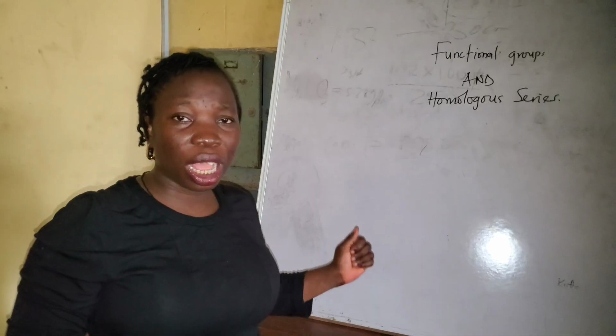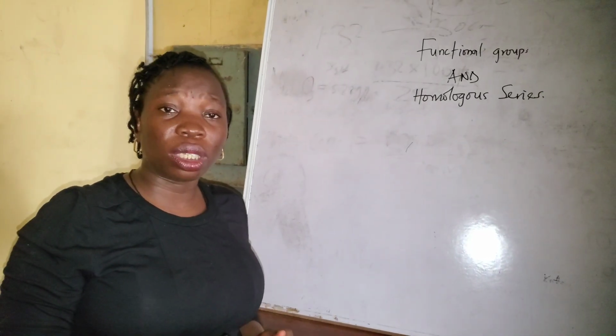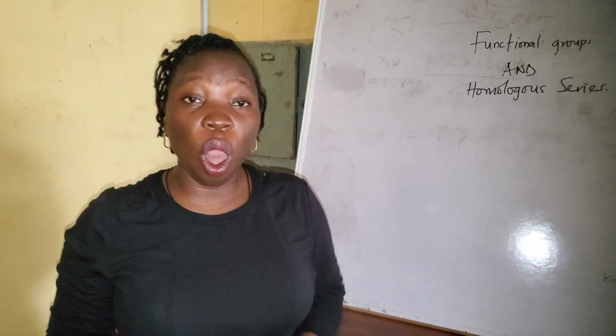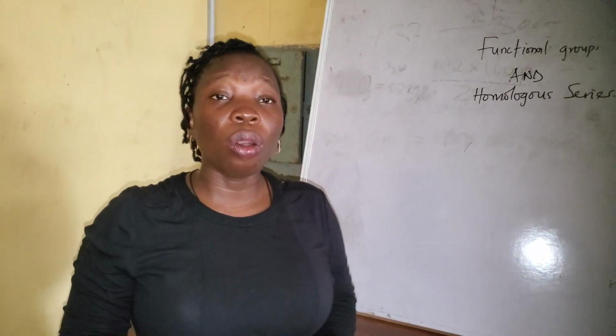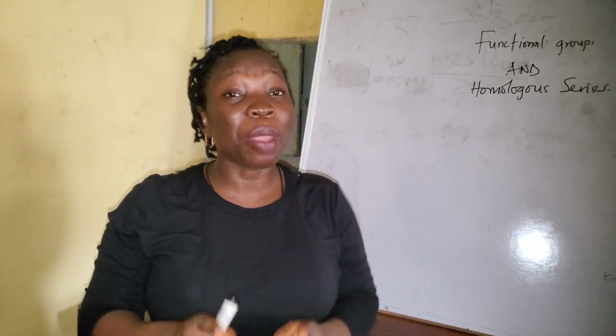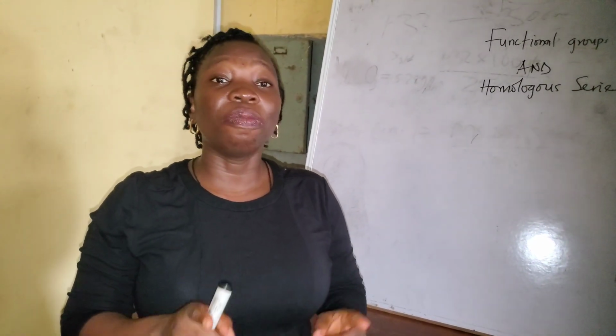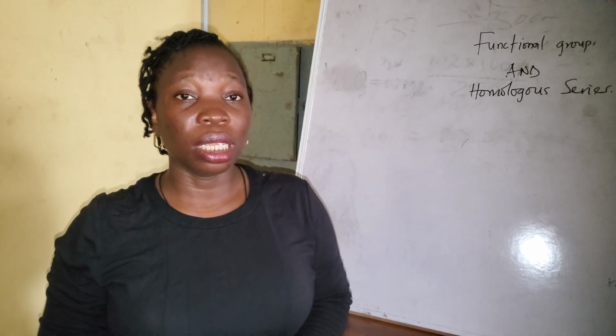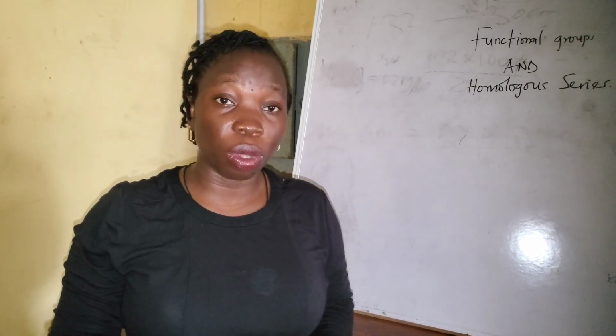So what are functional groups? Functional groups are groups of atoms or bonds that represent the chemical properties and the physical properties of a hydrocarbon family. That is functional group.